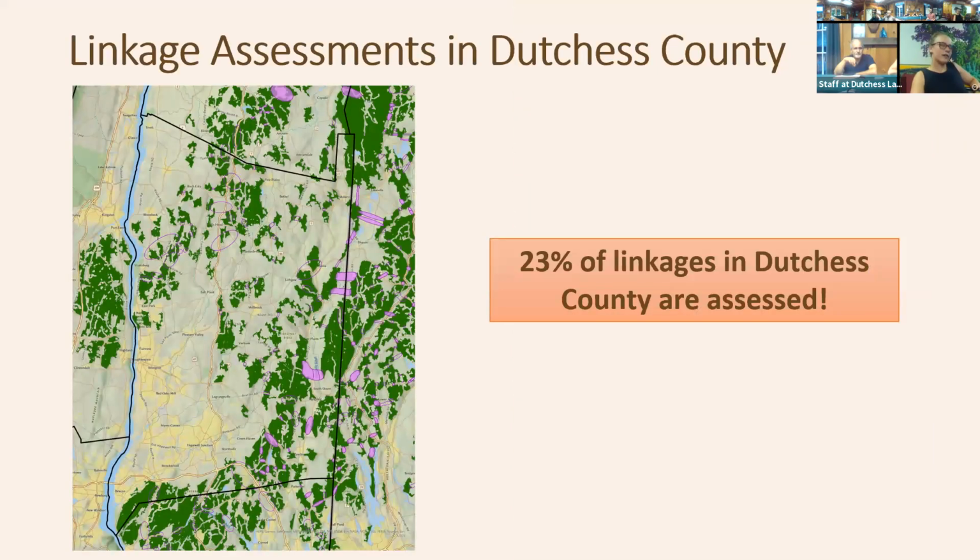In Dutchess County, there are 78 linkages that are currently identified, and we have assessed about 23% of them. You can see that they're pretty heavily concentrated within the Housatonic watershed. I've been sending a lot of our summer interns out to collect a lot of good data this summer, trying to really get a good handle on where connectivity exists within those circles.